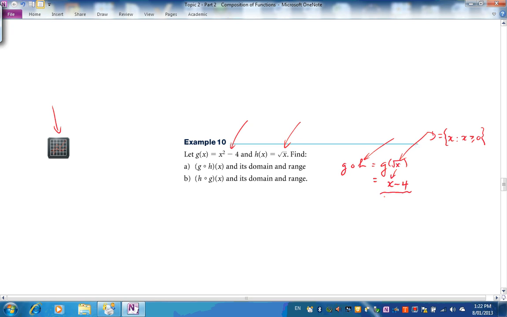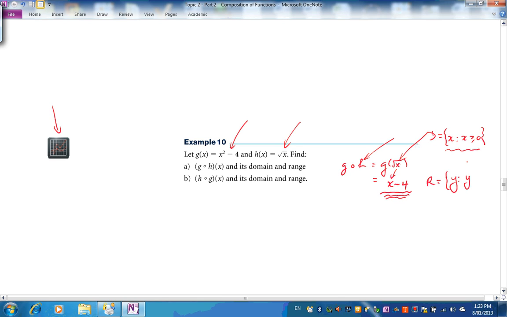And the range of the composite function is going to be the range of this function G at the end. And we're going to say, well, here X is a member of R, but with the square root of that one there being restricted to positive values, here we're going to say the range is equal to the set of Y. Now we're only going to be putting in positive values, so here Y such that Y is going to be what?